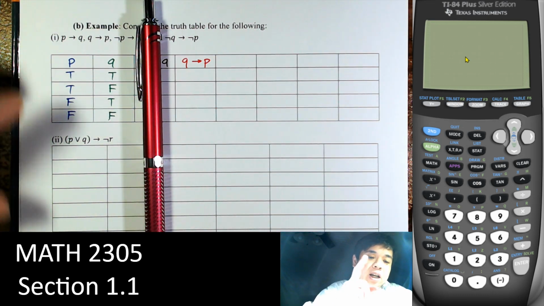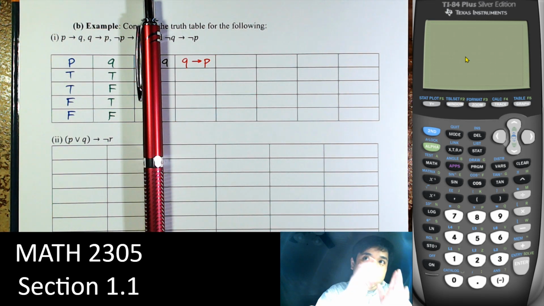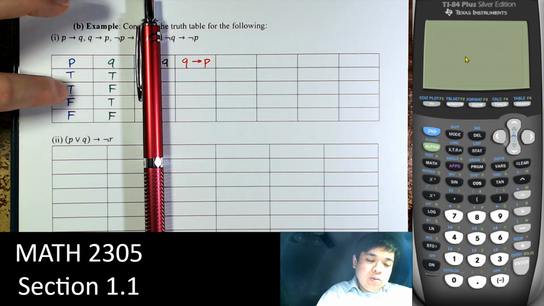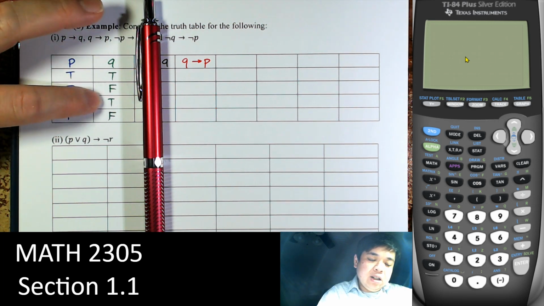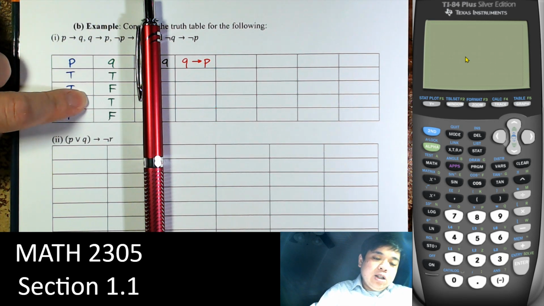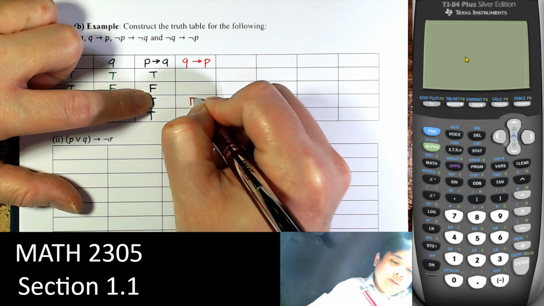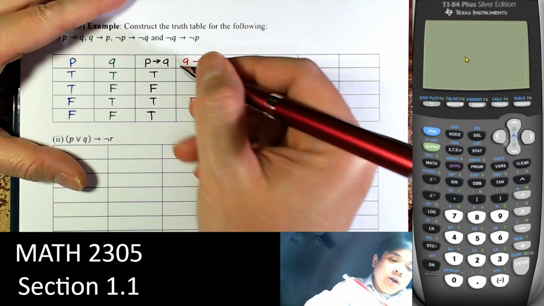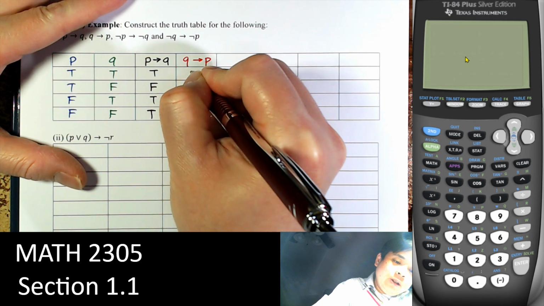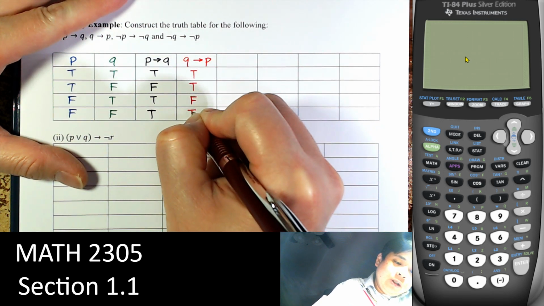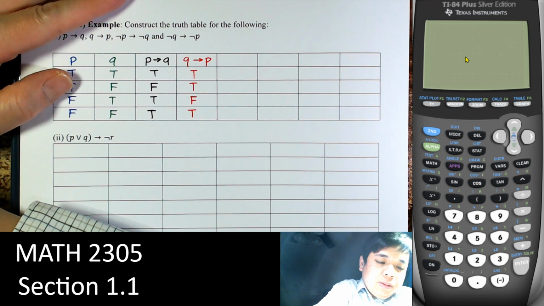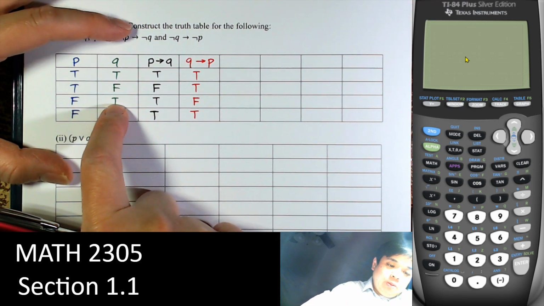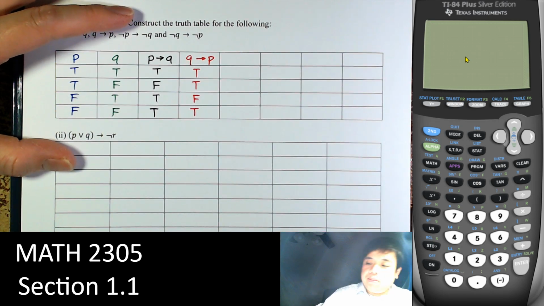And when it says Q implies P, we go Q first and then P. If it's true, implies false, like that, this won't be false. Otherwise, it's going to be true. Right? True implies false. Remember, Q first and then P. So true implies false is false.